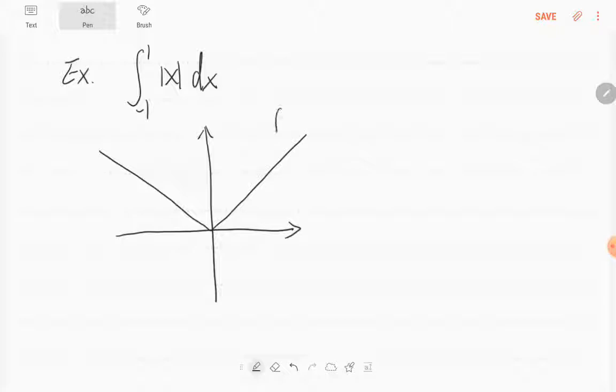This is f of x equals the absolute value of x, from -1 to 1, which is the signed area for this region.